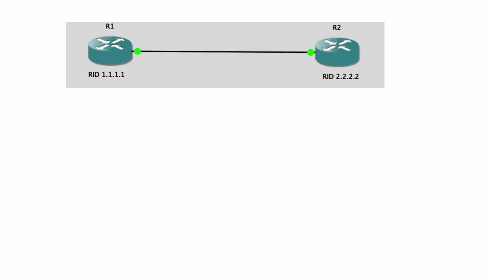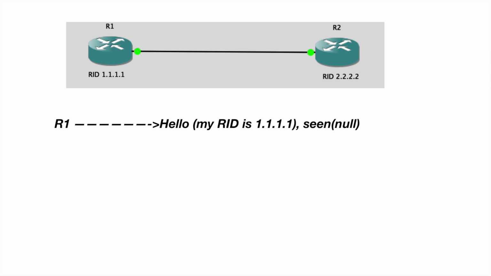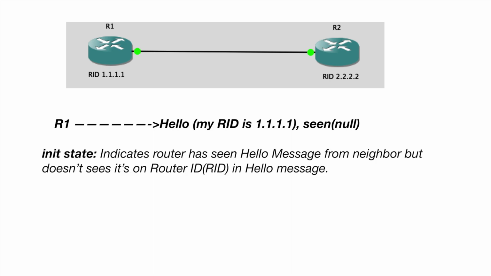So, same routers, router 1 and router 2 with the same router IDs. Let's analyze the first packet that was sent. R1 sends a hello message and just says, okay, hello, my router ID is this, but I see nothing. This is when R2 sees the message and puts R1 as its neighbor, but in an init state.